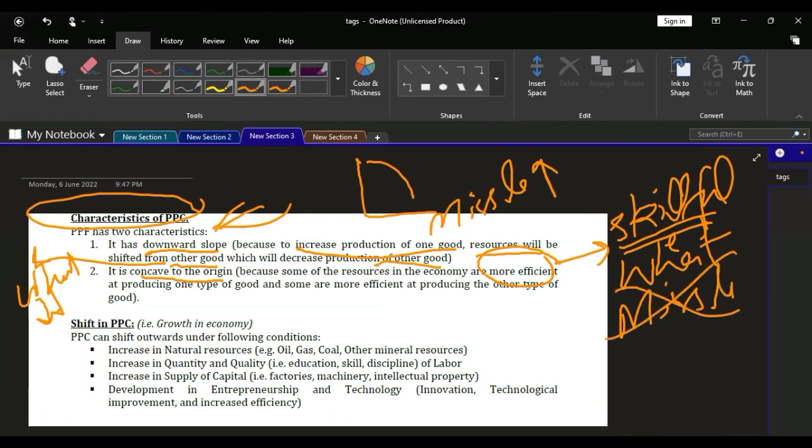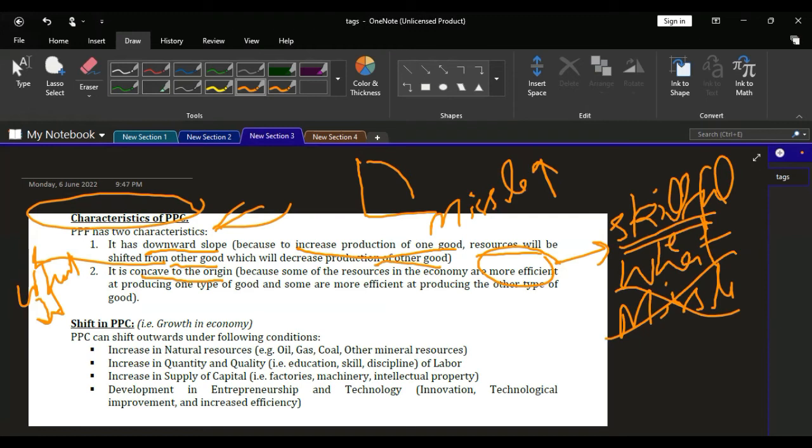So they can produce more and more units of wheat, but they can produce missiles only at a low rate due to their less skillful nature. So due to some skillful labor or due to some economic specialization in one of the goods, the quantity of the other good also decreases, due to which it is concave to the origin.